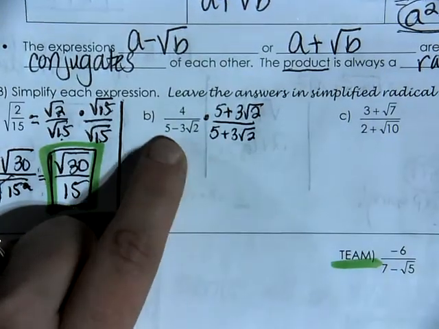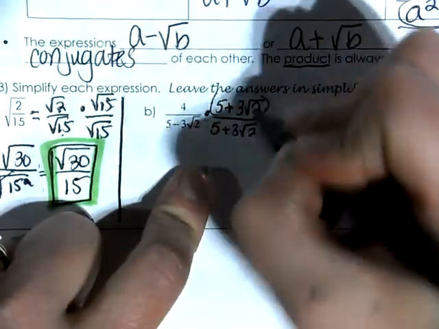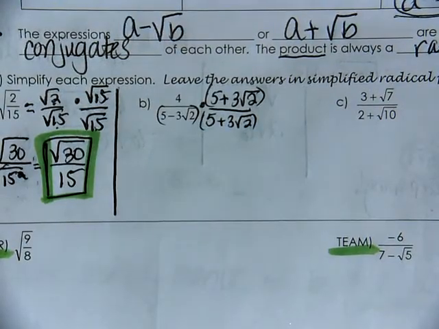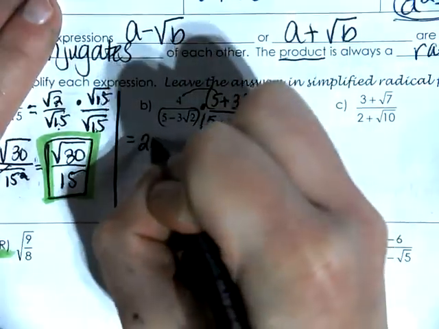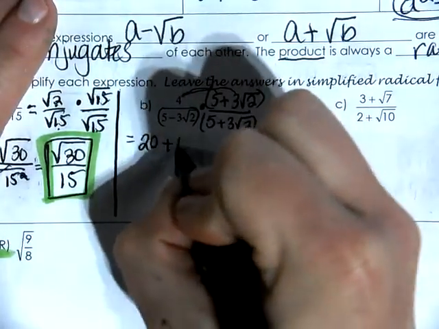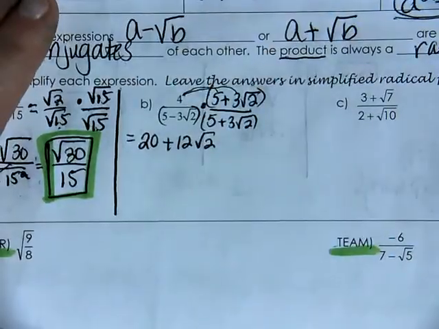Because it has a plus and a minus, you need to have parentheses, because we are going to use the distributive property and FOIL. So I'm going to distribute 4 times 5, and I end up with 20. Then I'm going to multiply 4 times 3 to get plus 12 times the square root of 2.